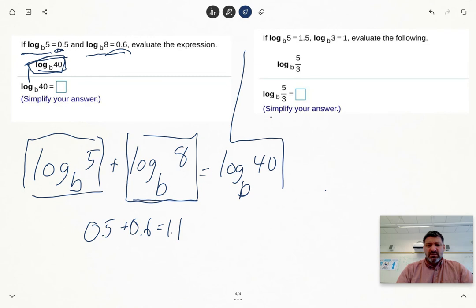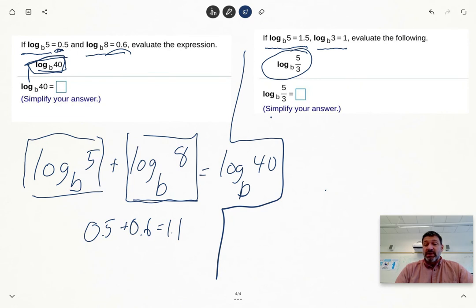Okay, same thing with division here as well. Log base b of 5 is 1.5. Log base b of 3 is equal to 1, and we're supposed to evaluate log base b of 5 divided by 3.